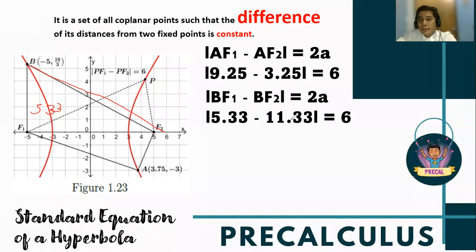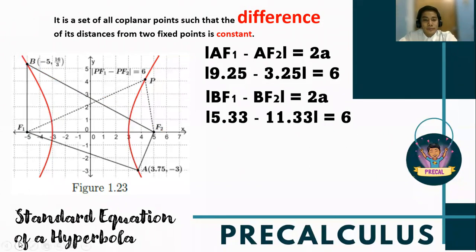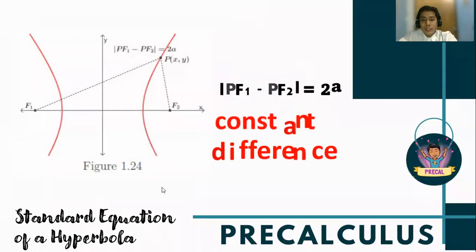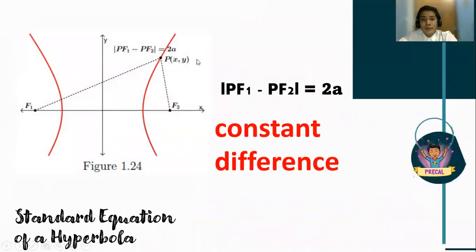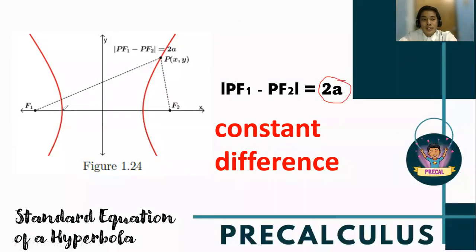So getting the absolute value of the difference, that is -6, and the absolute value of -6 is still 6. Notice that it is still represented by 2a. So therefore, the constant difference that I am referring to is the length of the transverse axis, 2a.